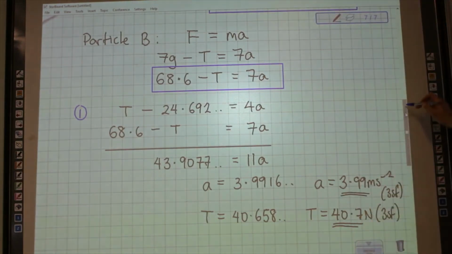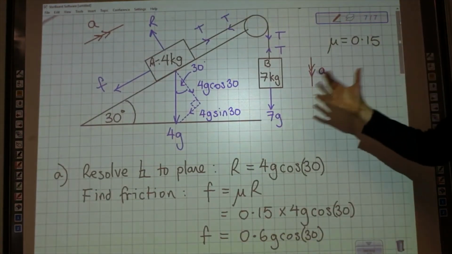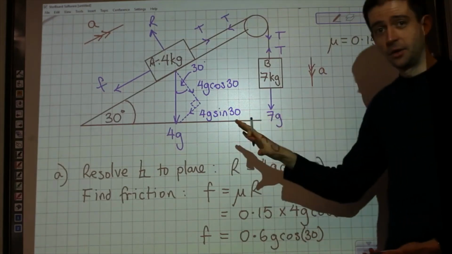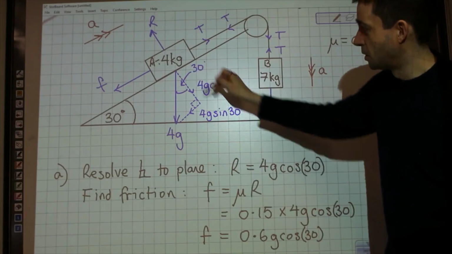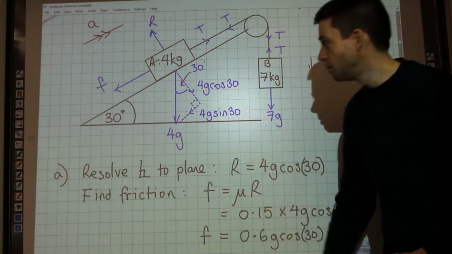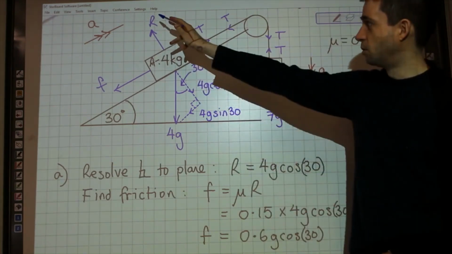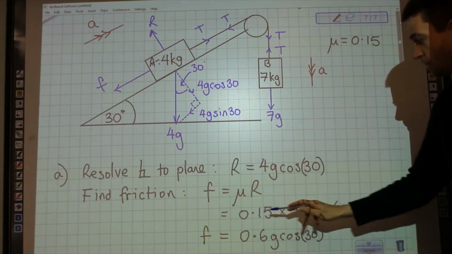So, quick review then. We began by drawing a really big, clear, good diagram. We labelled on it all the forces that were acting on the system, taking particular care for the ones that we had to resolve here, remembering that everyone always forgets the weight component down the slope. We resolved perpendicular to the plane to find the normal reaction force, because that allowed us to find the value of friction.